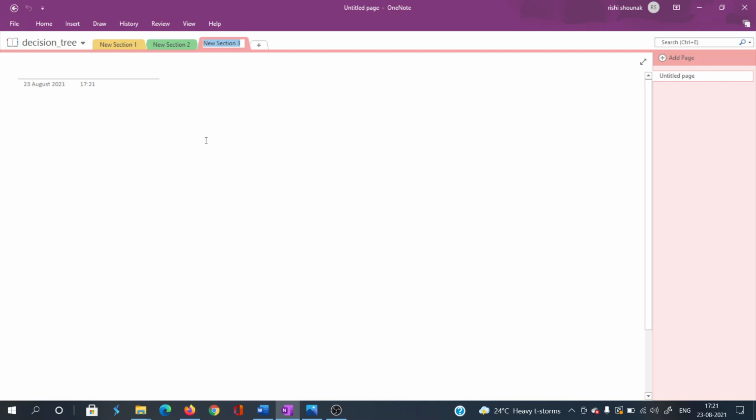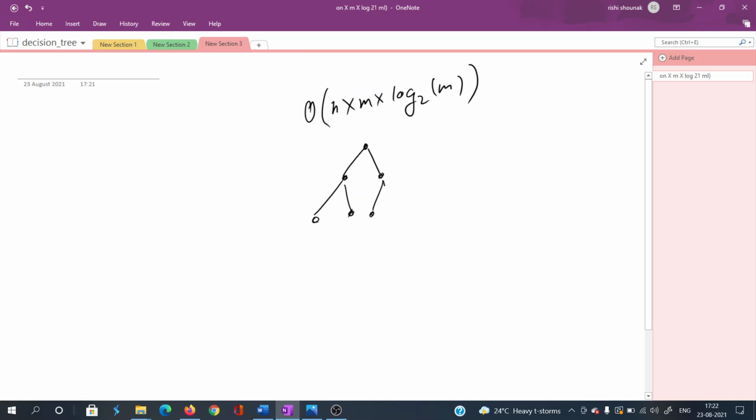And now let us see the complexity for training. It is O of n into m into log base 2 of m. This can be explained as follows. If we have a root node and we keep going down and we consider that it is a binary tree, as you can see, we have initially one node, two nodes, four nodes, eight nodes.